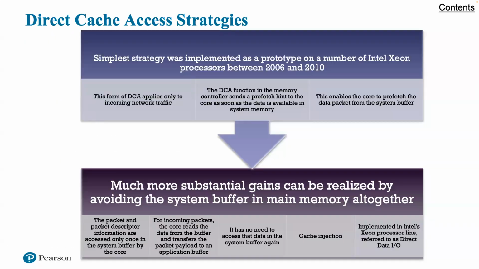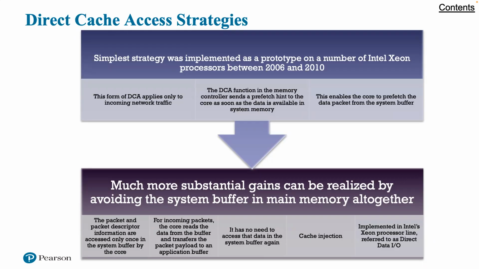So let's talk about direct cache access strategies. Several strategies have been proposed for making more efficient use of caches for networked I/O, with the general term direct cache access applied to all of these strategies. The simplest strategy is one that was implemented as a prototype on a number of Intel Xeon processors between 2006 and 2010.